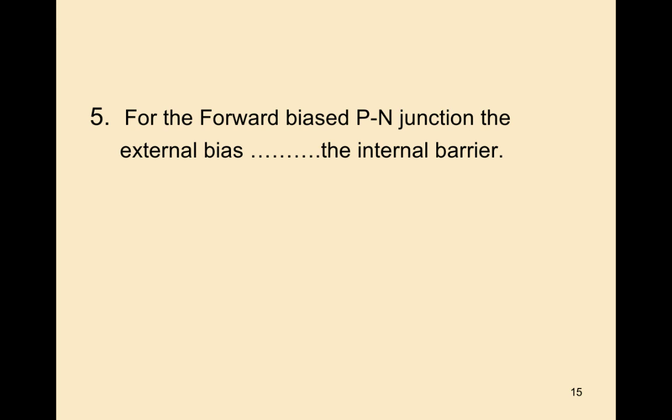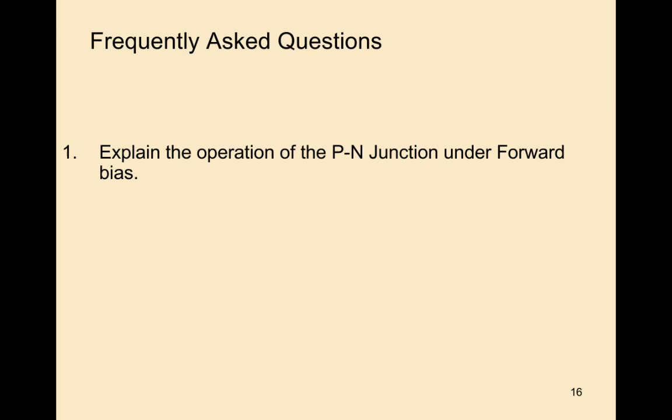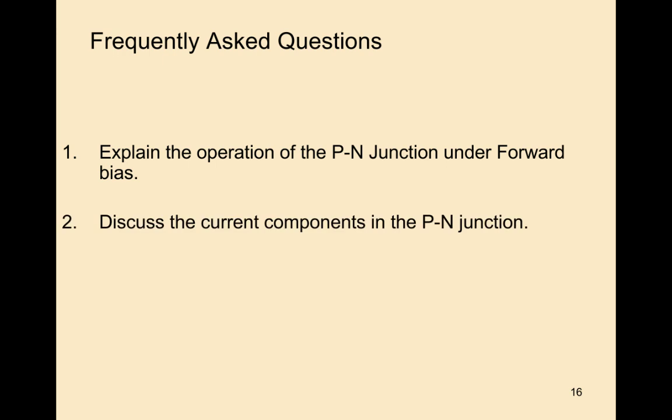For the forward biased PN junction, the external bias reduces the internal barrier. These are the quiz questions, and the frequently asked questions are: explain the operation of PN junction under forward bias, discuss the current components in the PN junction, state the salient features of forward biasing.